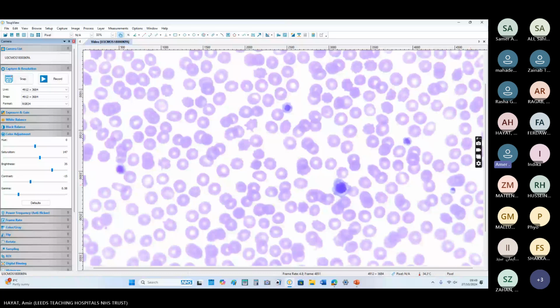So what is the genetic mutation associated with Bernard-Soulier syndrome? GP9, GP1BB, or GP1BA. These are the genetic mutations that you can get in Bernard-Soulier syndrome.